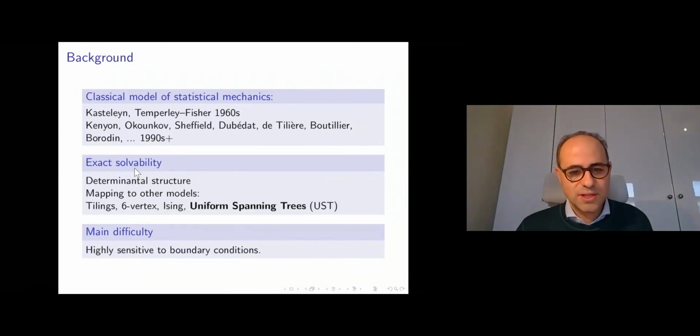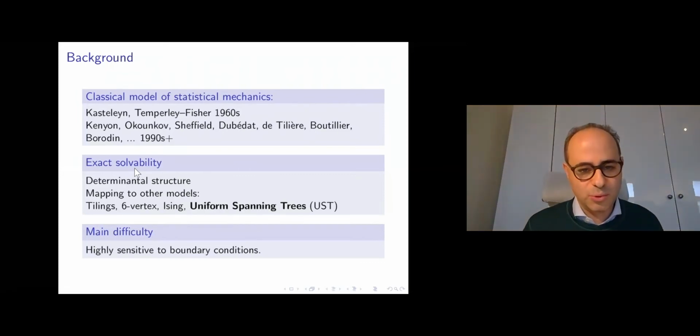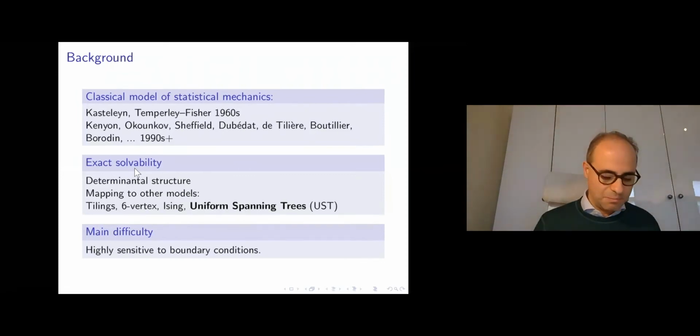It was introduced in the 60s by Kasteleyn, Temperley and Fisher, and there's been really an explosion of work since the 90s, led in particular by the really remarkable work of Rick Kenyon, and also later in collaboration with Okounkov and Sheffield and many other people that I couldn't write on the slide.